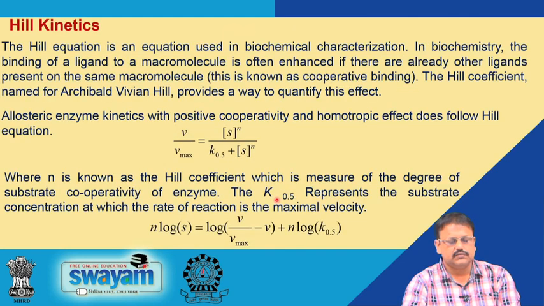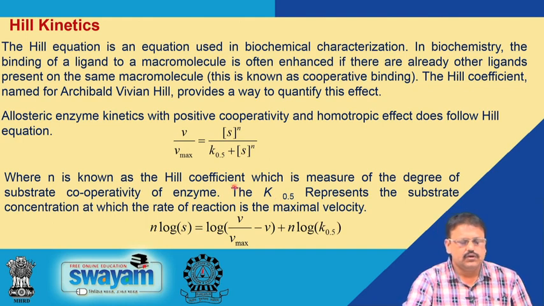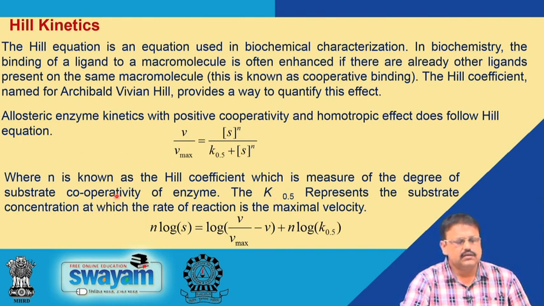So, that was the microbial point of view, and another type of kinetics is the Hill kinetics. The Hill equation is used in biochemical characterization. In biochemistry, it has been observed that when a ligand or substrate binds to an enzyme, that enzyme becomes activated, or more active, to bind another substrate.